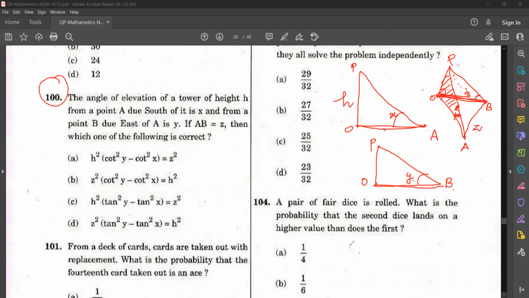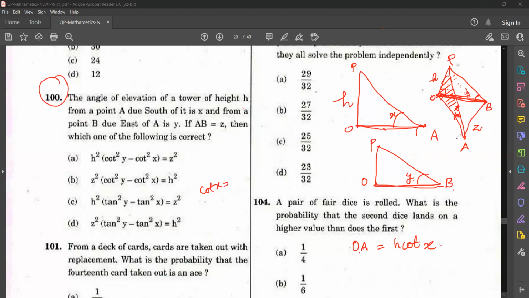Now, just tell me what if OA, see OA. Can I write it as H? So this is height H. OA, can I write it as H cot X? How? Because cot X means adjacent by opposite.